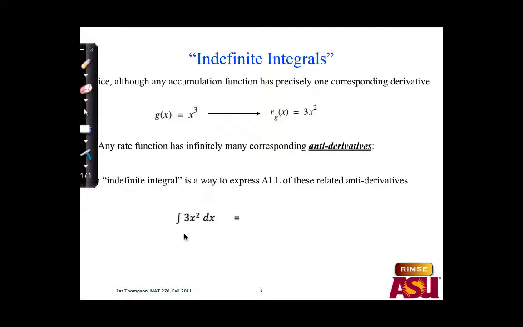So something like this 3x squared, we say its general antiderivative, or integrating 3x squared dx, and we don't have to worry about which letter we use because there's only numbers in the integrand, not on the integral sign also. We just say this is x cubed plus C, where this capital C is referred to as a constant of integration, but it's just there as a reminder, to describe a family of functions, x cubed plus anything, which would have a derivative 3x squared.